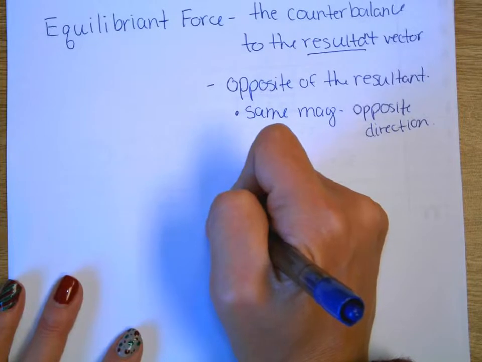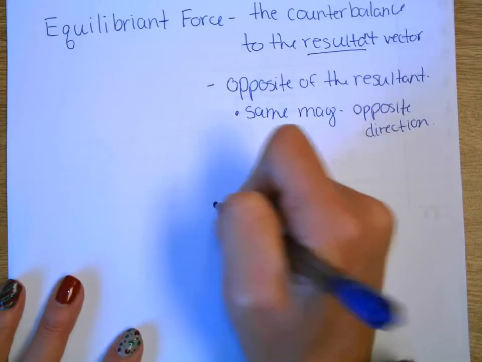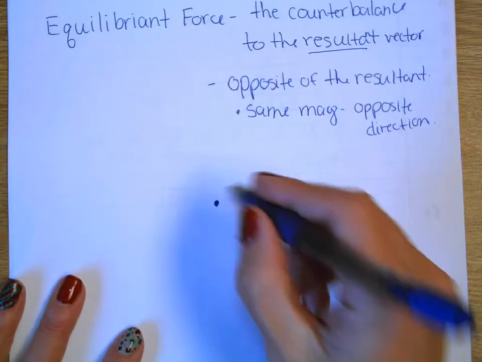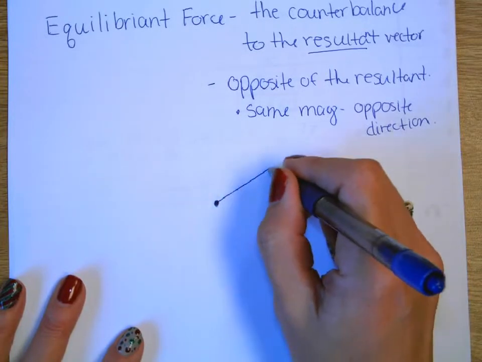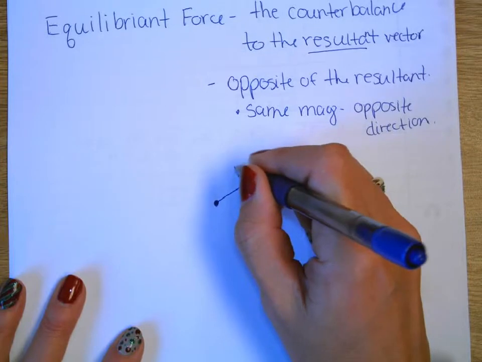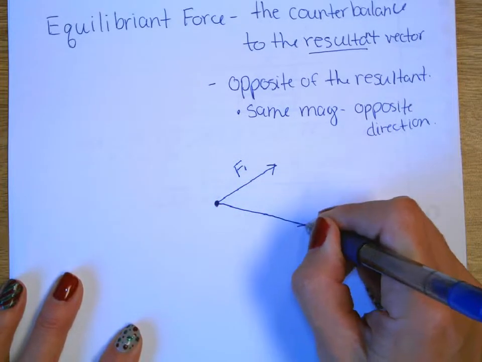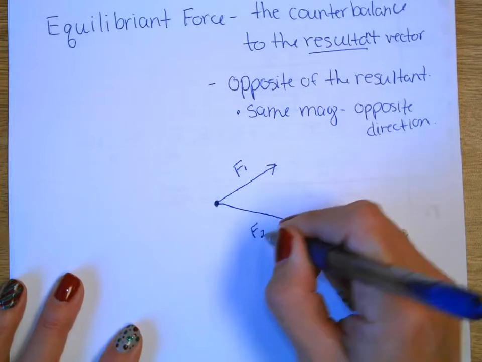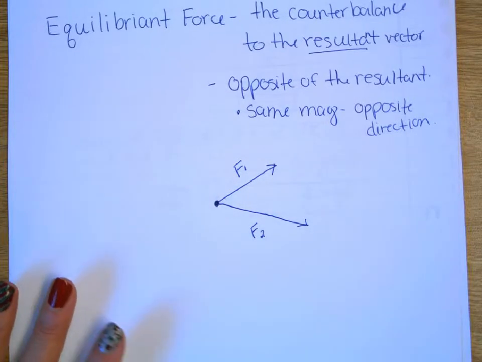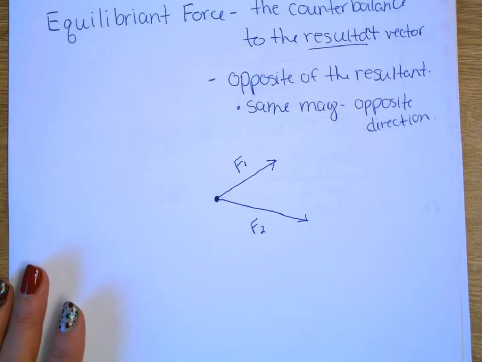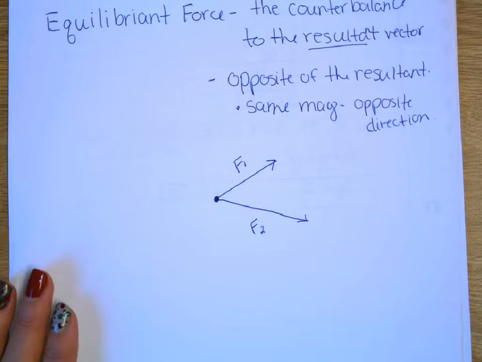So a picture of what this might look like. Here's our big old box that's sitting on the ground, whatever it is. We've got two ropes pulling on it. Force 1 and force 2, however big they are, whatever angle's in between them. If I wanted to see the result of those two forces working together, I need to add them together, so what would I have to do?